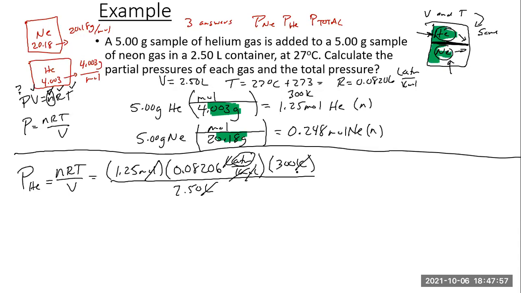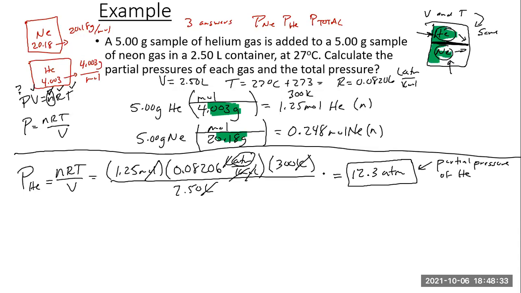So 1.25 times 0.08206 times 300, divided by 2.5, we end up with 12.3 atmospheres. So what does this number represent? This number represents the partial pressure of helium in this case.